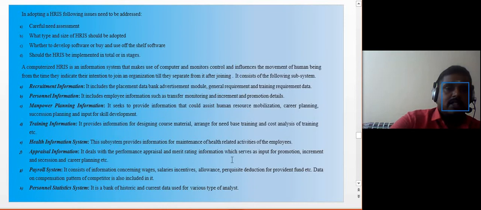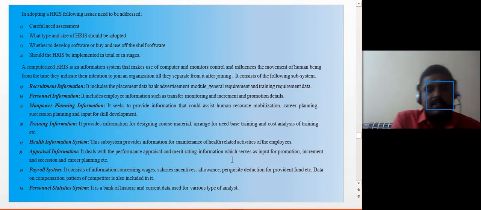In adopting an HRIS, the following issues need to be addressed. Careful needs assessment: what type and size of HRIS should be adopted? Whether to develop software or buy and use off-the-shelf software. A computerized HRIS is an information system that makes use of computers to monitor, control, and influence the movement of human beings from the time they indicate their intention to join an organization until they separate from it after joining.